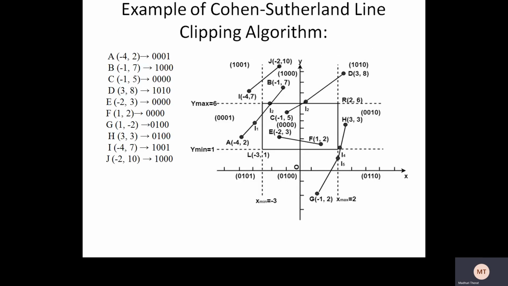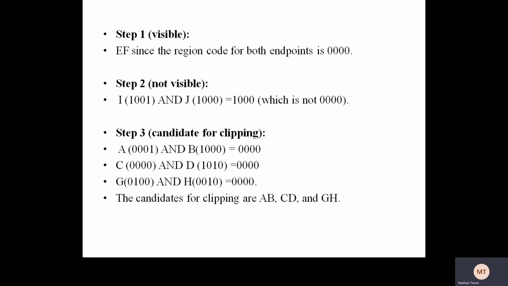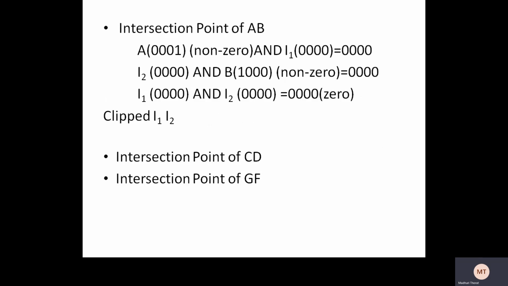See in the figure, AB is a line, and this line intersects at 2 points. I1 is the first point and I2 is the second point. We have to calculate the bit codes for I1 and I2 also. We take I1 as 4 times 0 because it is on the boundary of the polygon.